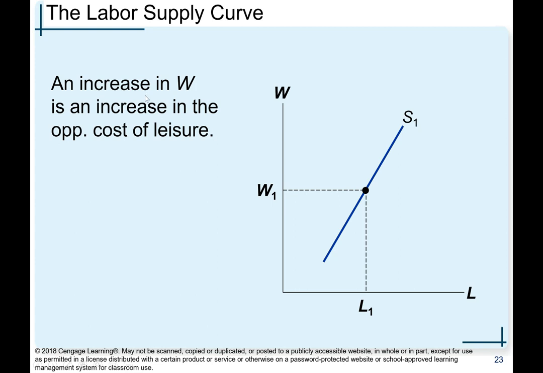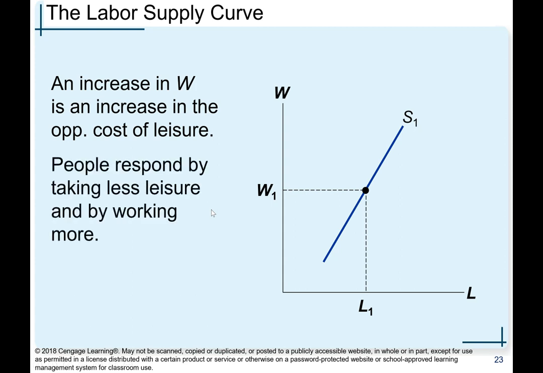An increase in wages is an increase in the opportunity cost of leisure. People respond by taking less leisure and working more, taking advantage of higher wages. So when wages increase, people go to work. L goes from L1 to L2.